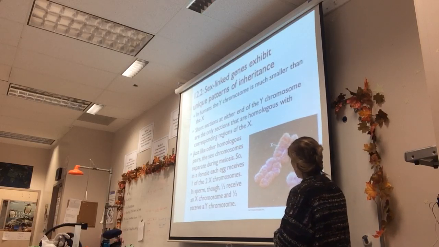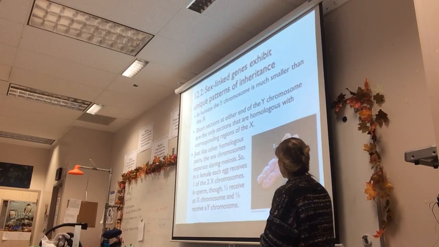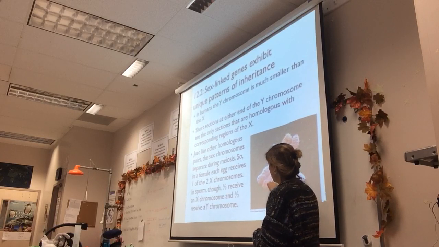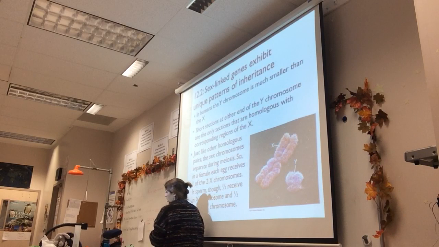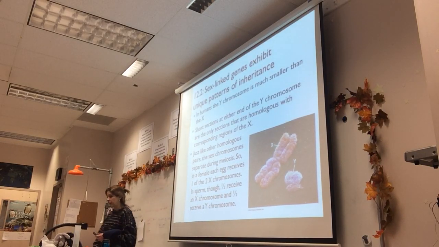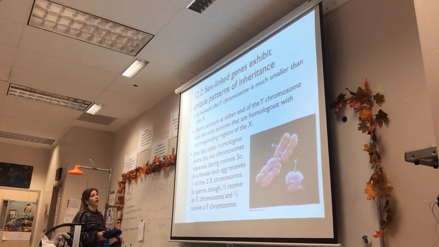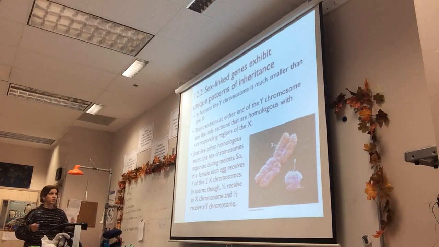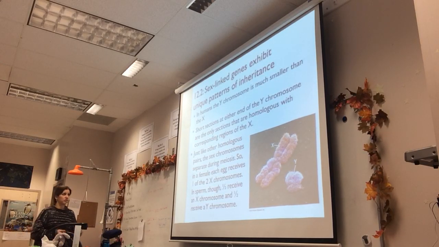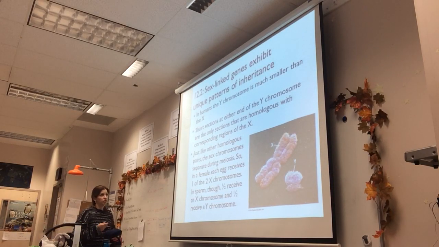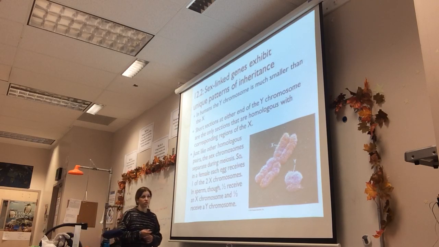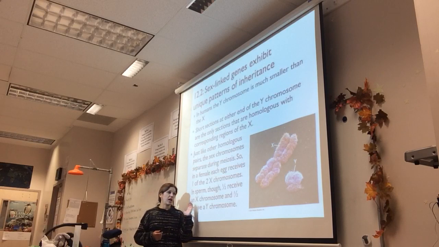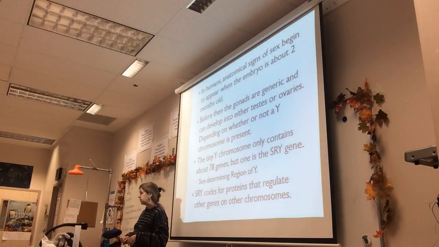But there is a small region here that is homologous to the genes here, and that allows them to pair up during mitosis and meiosis as necessary. Just like other homologous pairs, the sex chromosomes separate during meiosis. So in a female, each egg gets one of the 2 X chromosomes, and in sperm, half of them get X and half of them get Y.